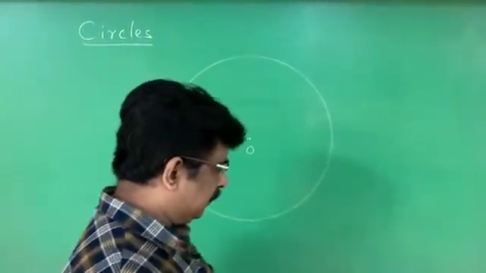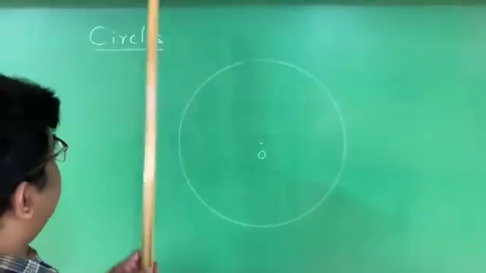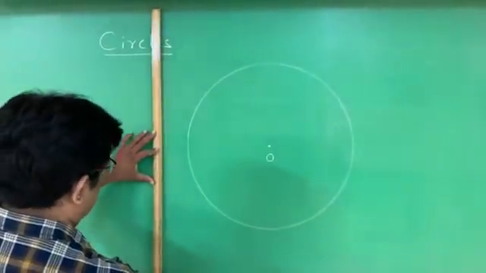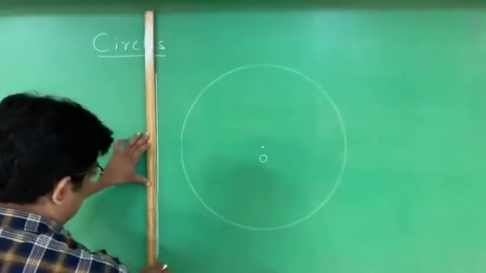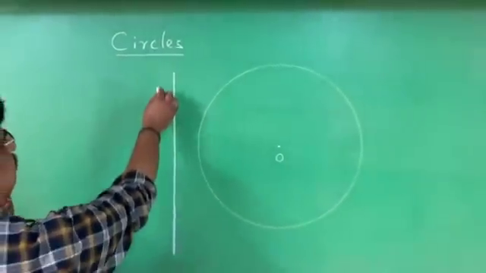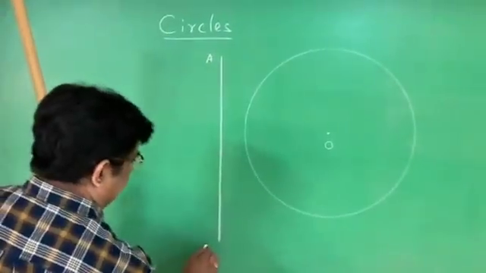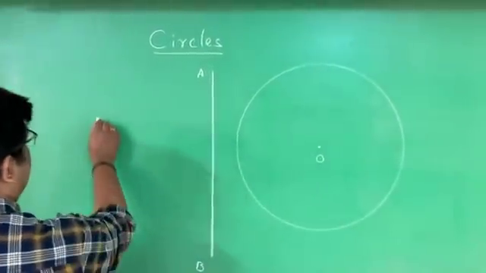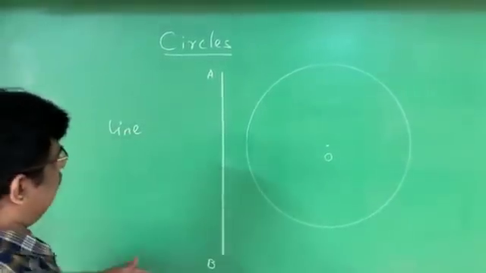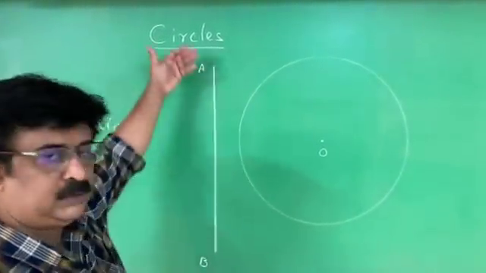In your textbook there are 2 lines written. Try to understand. See, this is a line. Now I write this as AB. AB is a line. Be careful, it is not a line segment. It is a line, which means I can extend it on both sides.